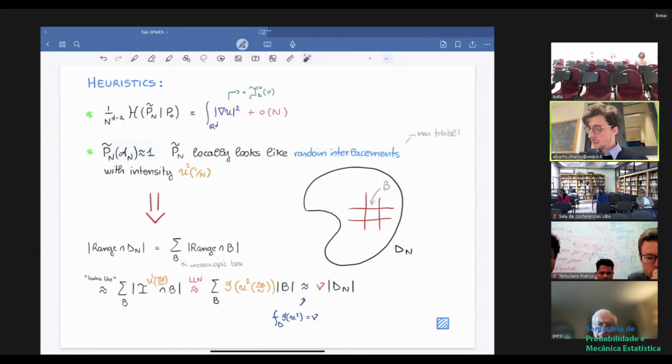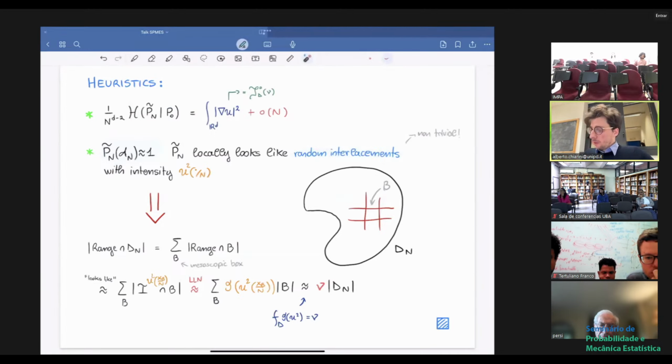And why is this the case? This is the case because under this new measure, and now I'm just giving a heuristic argument, the random walk looks like random interlacements on mesoscopic boxes. And the intensity is given by U squared rescaled by N. So it's slowly modulated.